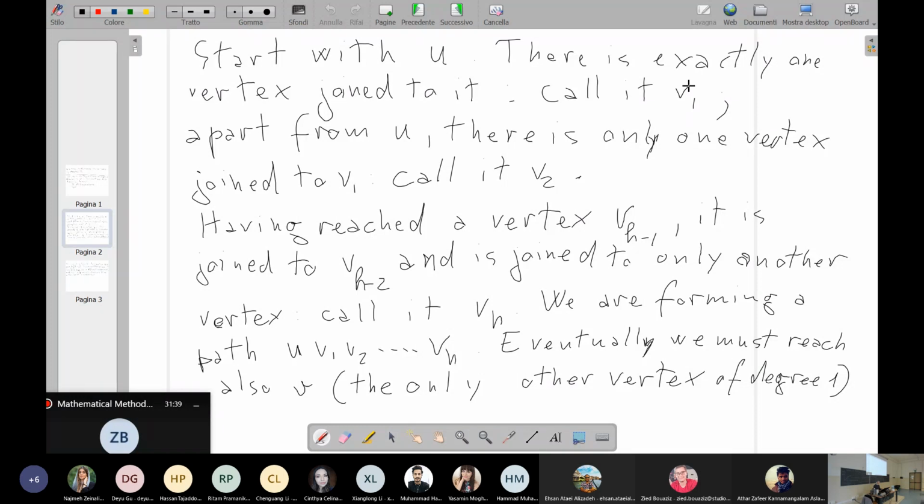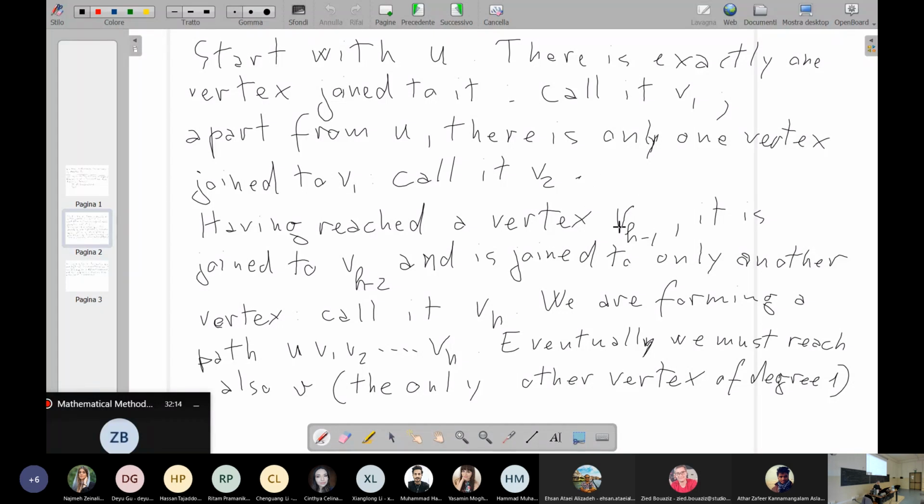Now, what about v1? v1 is connected with u, and it has degree 2, so there is exactly one other vertex joined to v1. Call it v2, and put it in our path. And then we go on so and so forth. For v2, we are coming from v1, and so one valency of v2 is occupied by v1, but it has degree 2, so there is another vertex adjacent to v2. Call it v3, and so on and so forth.